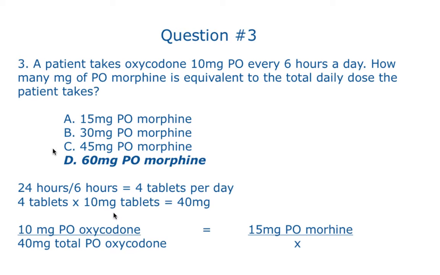So 4 tablets times the 10 milligram tablets equals 40 milligrams. Then you just do the cross multiply conversion. 10 milligrams of PO oxy equals 15 milligrams of PO morphine, and he's taking 40. So you cross multiply, and you get 60 milligrams of PO morphine.